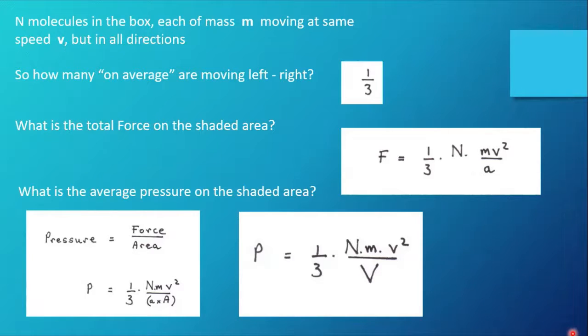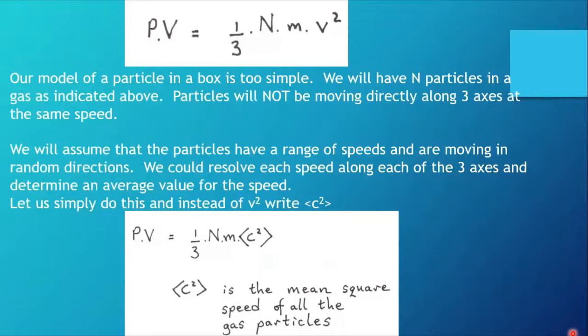Okay, moving on. So I've repeated my equation at the top, and I'm allowed to repeat myself. I'm a teacher. Don't teachers do that all the time? Our model of a particle in a box is much too simple. We're going to have n particles in a gas, but the particles won't be moving directly along the three axes that I indicated, and they certainly won't be moving at the same speed.